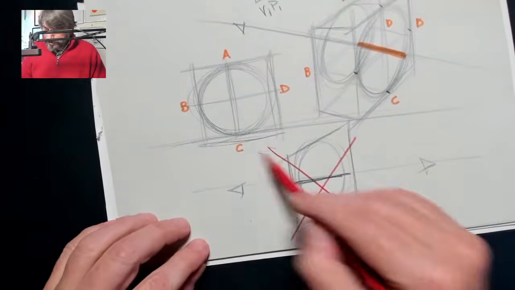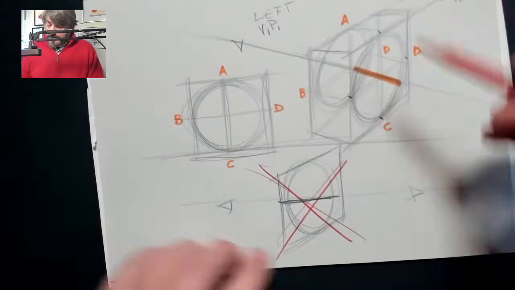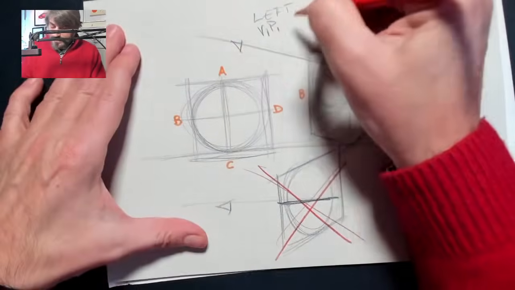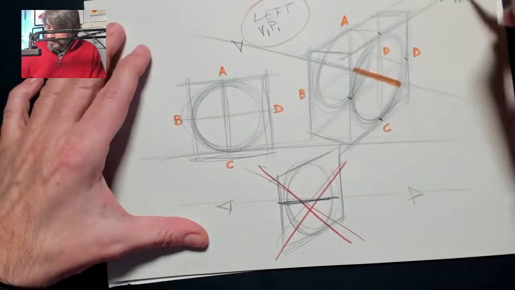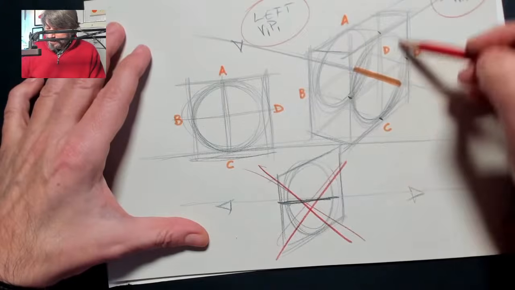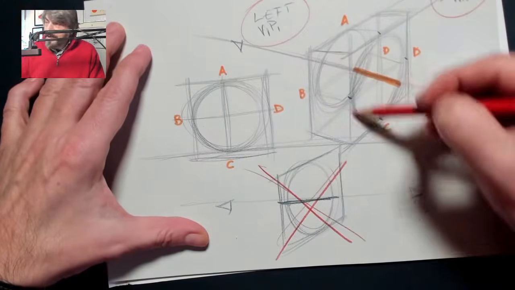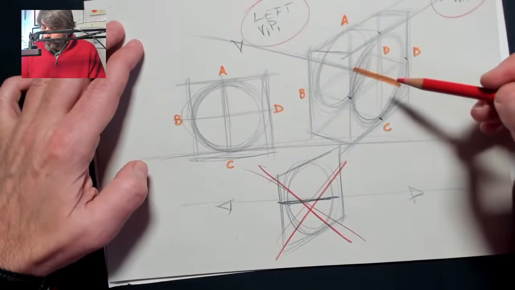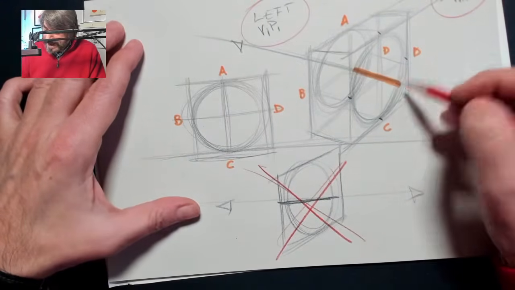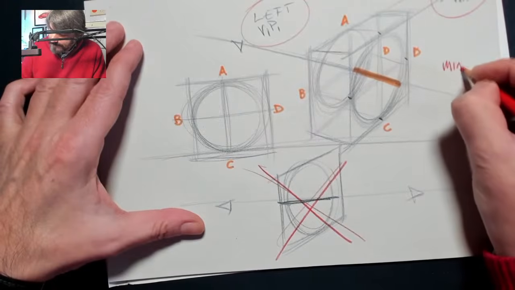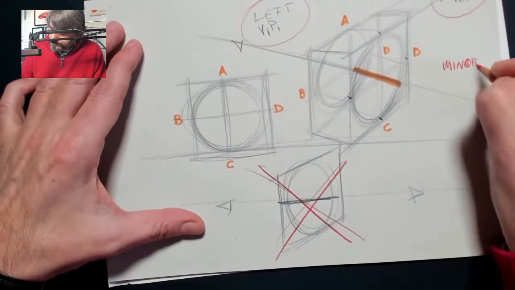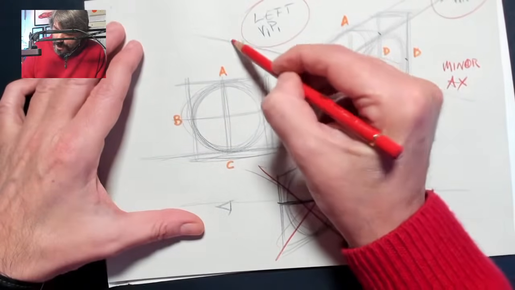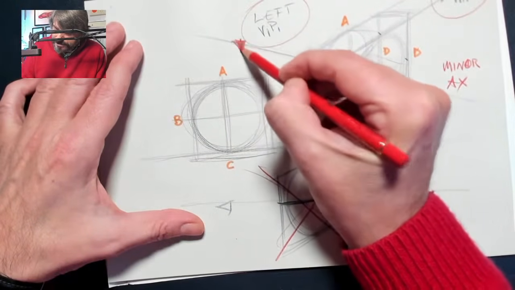So don't do this. Remember, when you are in perspective, you have left vanishing point, right vanishing point. The ellipse that makes your wheel has to be with the minor axis that goes to the opposite vanishing point.